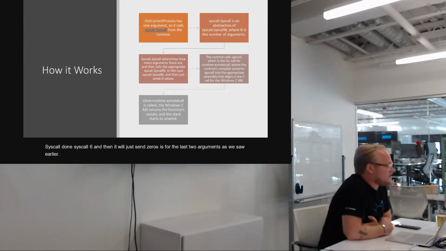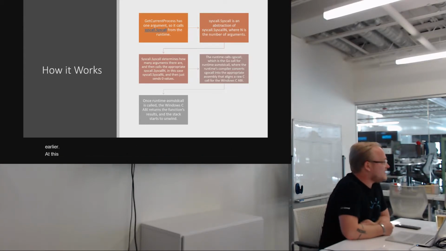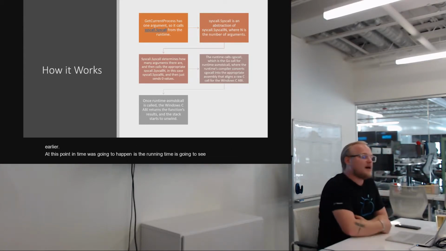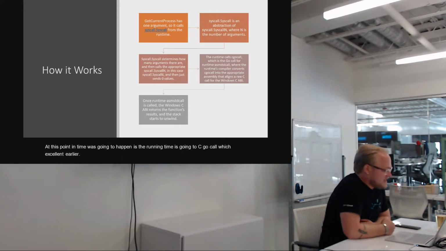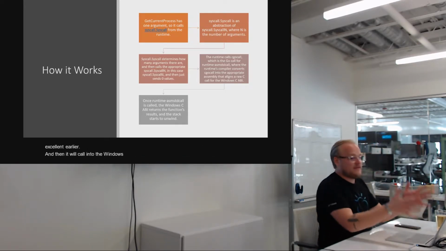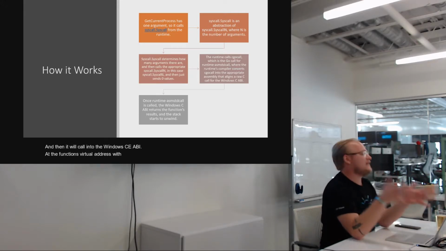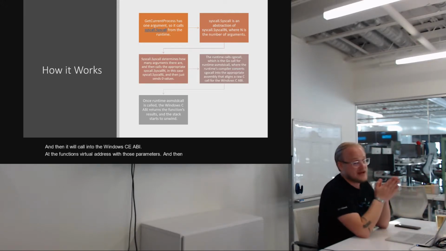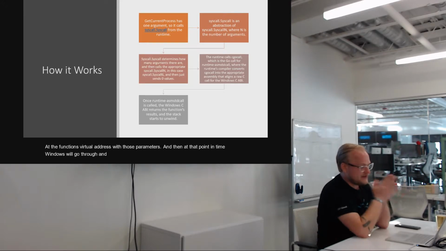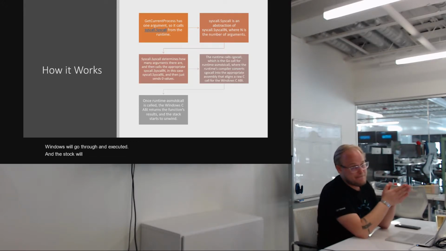At this point, the runtime is going to make a cgo call, which I explained a little bit earlier, and then it will call into the Windows C ABI at that function's virtual address with those parameters. Windows will then execute it, and the stack will start to unwind.